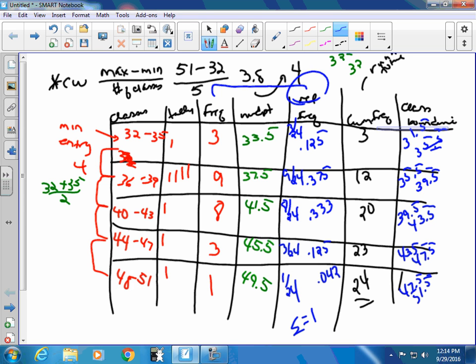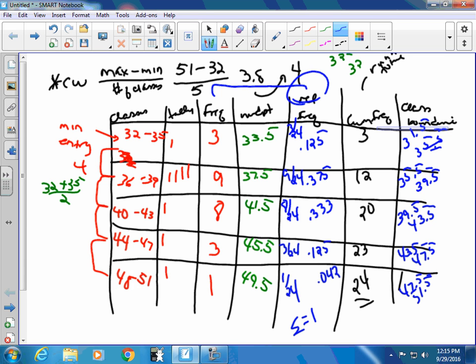Yet we were always told don't put any gaps there. That's because you used to do this, 32 to 35, 36, but there was a gap between 35 and 36. So statistically, we have to fill up that gap. If we move this one over 0.5 and this one over 0.5, they will meet there. We don't change any data because we're not calculating any 0.5s in there.